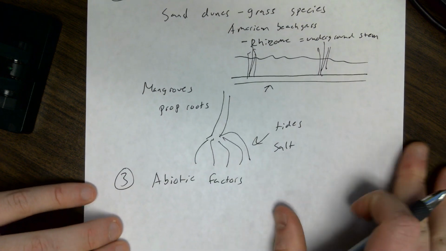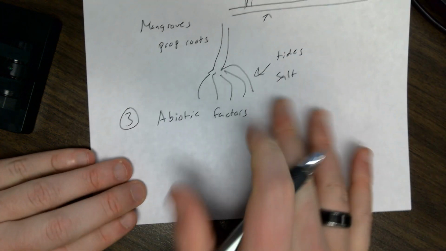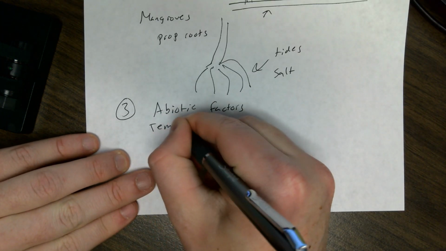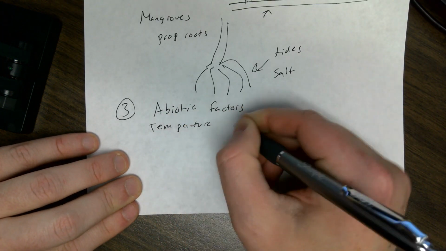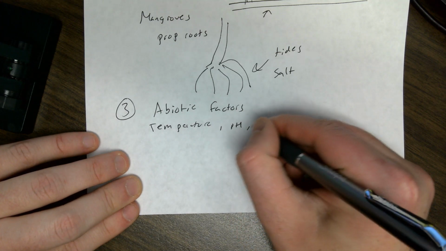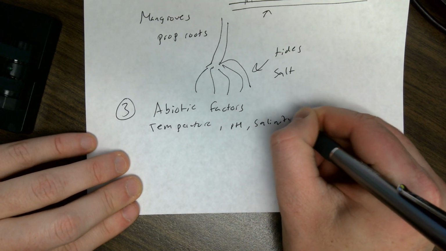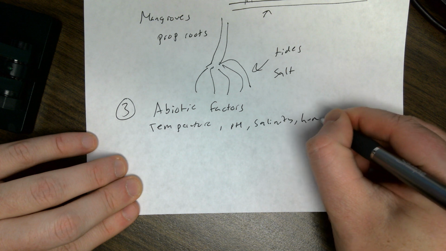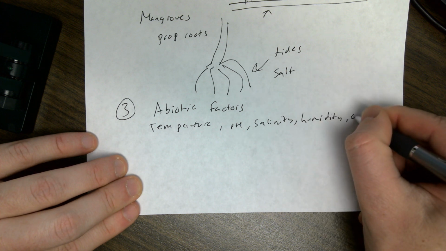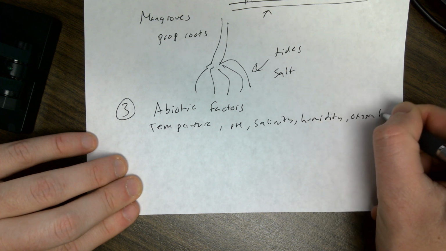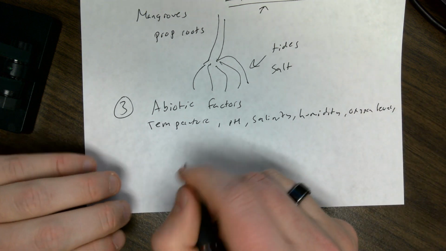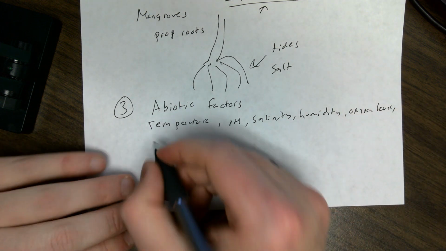Our abiotic factors are things like temperature, pH, salinity, humidity, and oxygen levels. All of these affect where an organism can survive.